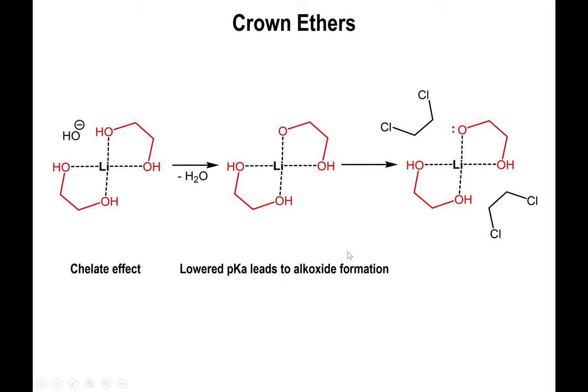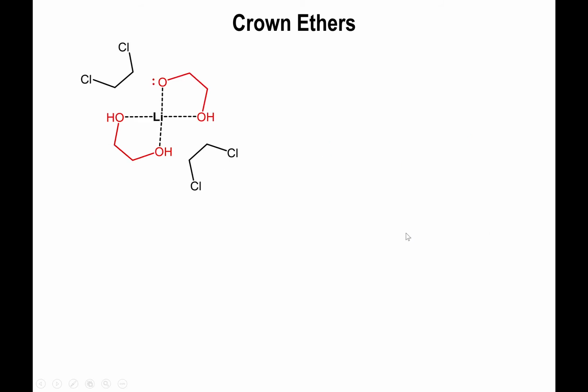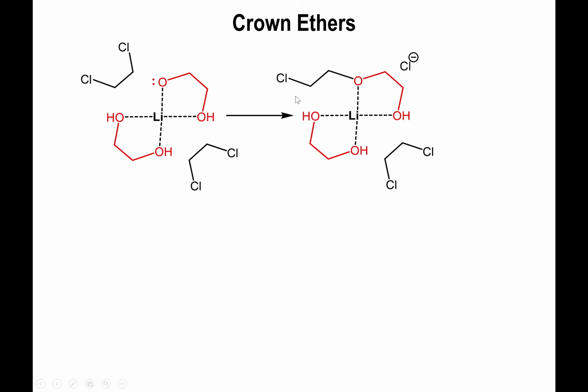Now, if you add to this mixture dichloroethane, so 1,2-dichloroethane, what you can see now is that you're kind of pre-organizing this entire complex to do the following. Pretty much this oxygen right here, this alkoxy oxygen, can attack via SN2 the electrophilic carbon over here, kicking off a chloride.